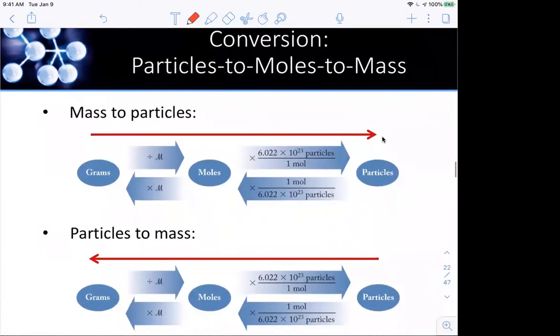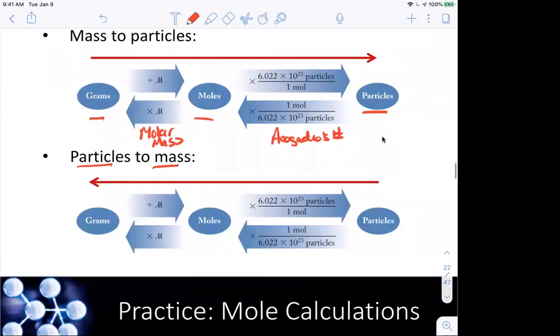So if I want to go from mass to moles or mass to particles, I'm going to go from grams to moles to particles. I'm going to use the molar mass, and I'm going to use Avogadro's number. And if I want to go from number of particles to the mass, I'm going to go from particles to moles to grams.